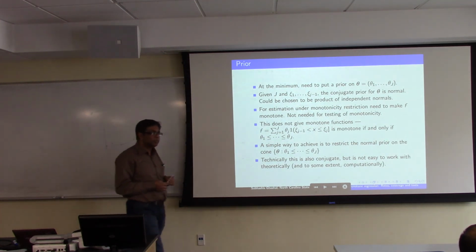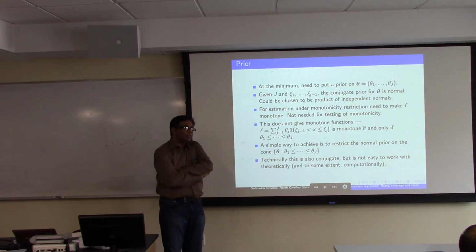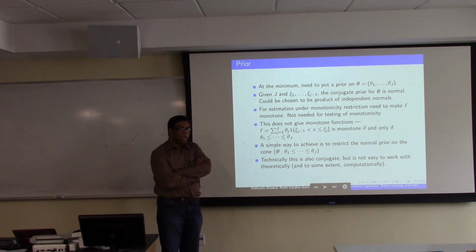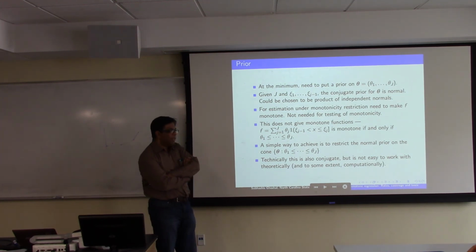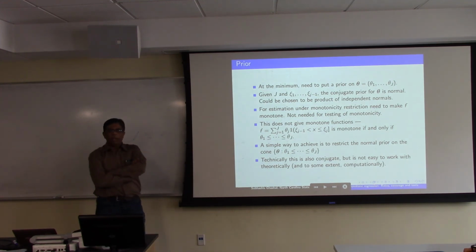Maybe following up on Jim's question, are there similar methods using projected posterior that address more general shape constraints? You mean on the function? Yeah, that's a long-term goal, but this is just the beginning of the investigation, so I would be speculating too much if I said something.